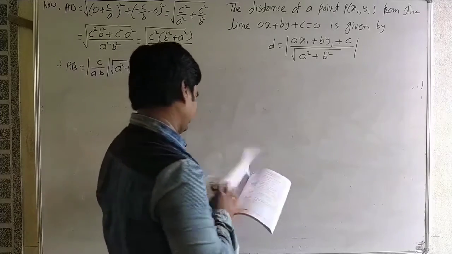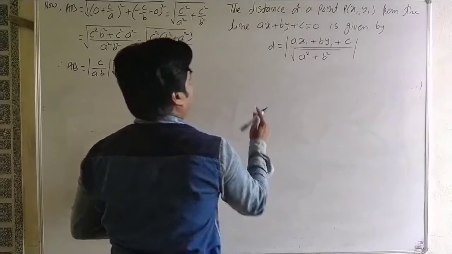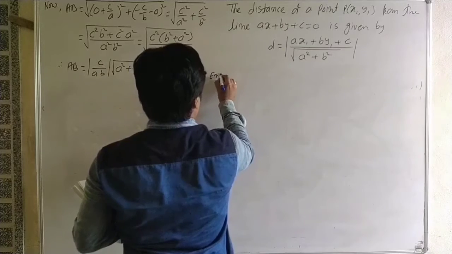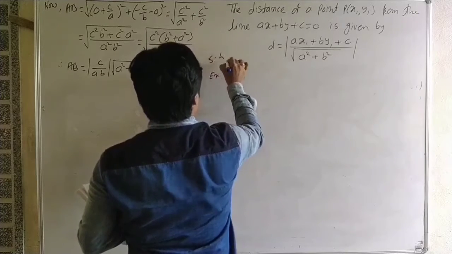Here we see the example on the distance of a point. Okay, here it is the 12th example in the exercise 5.4.